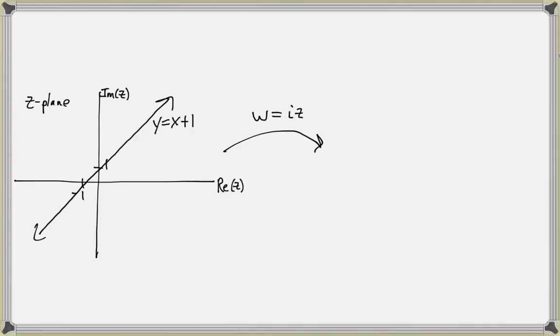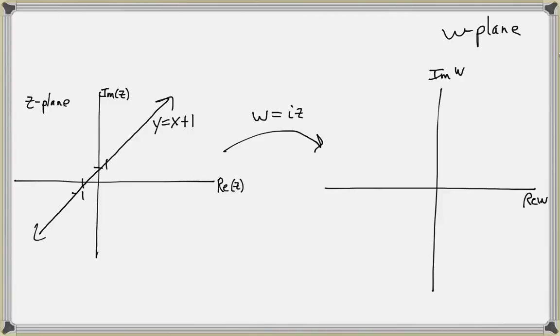So we can see that the graph of v equals negative u minus 1 in the w-plane would look like this line, and we can see that this also corresponds to a rotation of the line y equals x plus 1 counterclockwise pi over 2 radians.